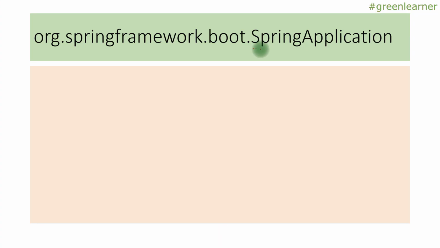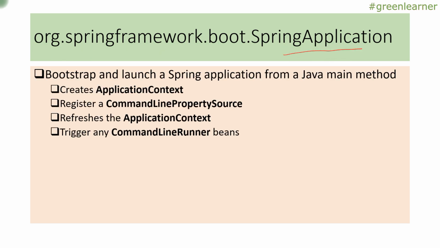This SpringApplication class comes from the package org.springframework.boot. The SpringApplication class bootstraps and launches a Spring application from a Java main method. These are a few things that it does. In short, it creates the application context for the application. The application context is a necessary part, so whatever beans are created are contained inside it. Then it registers the command line property source, so whenever you pass any command line argument, it is considered a Spring property.